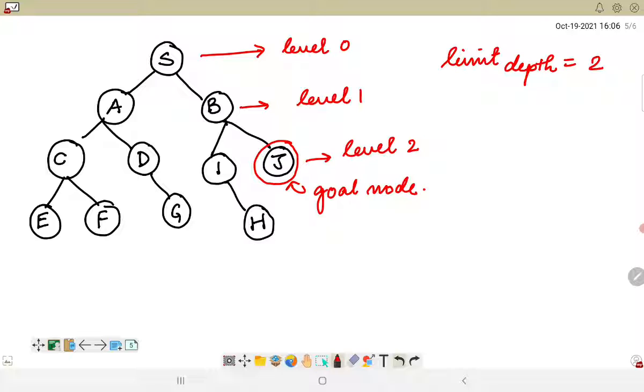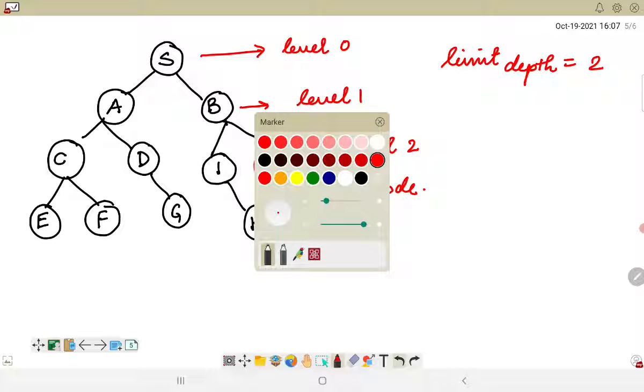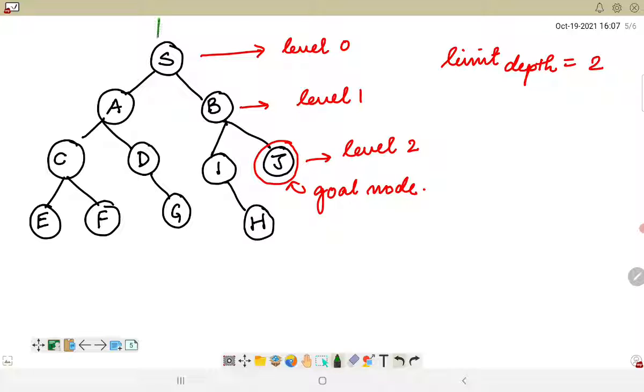So what should be the output sequence, or the order of the search path? Initially the search would begin from the source node and then move along a certain path.